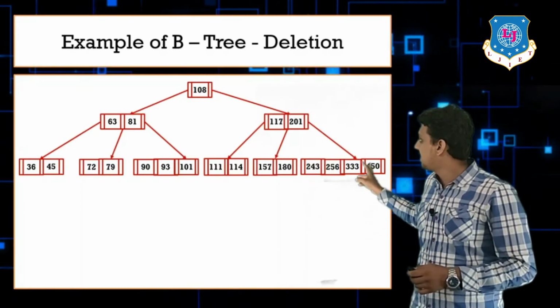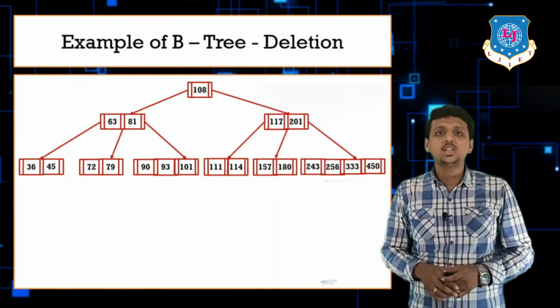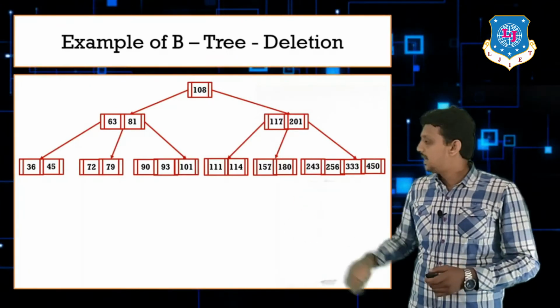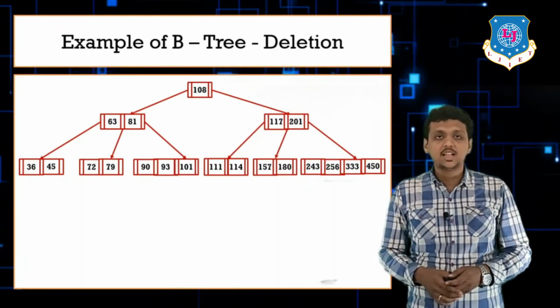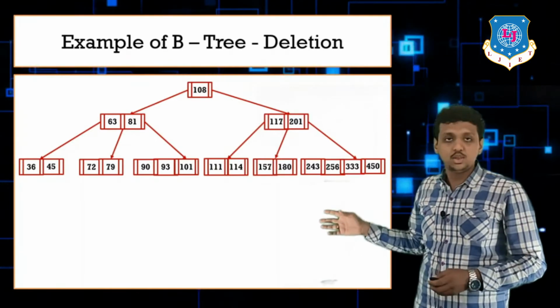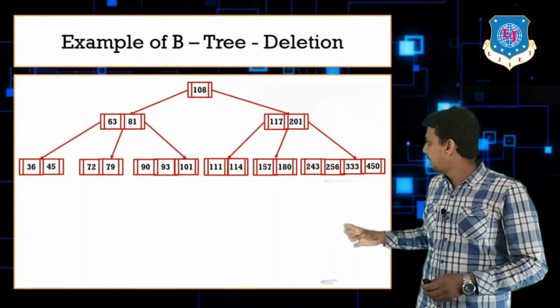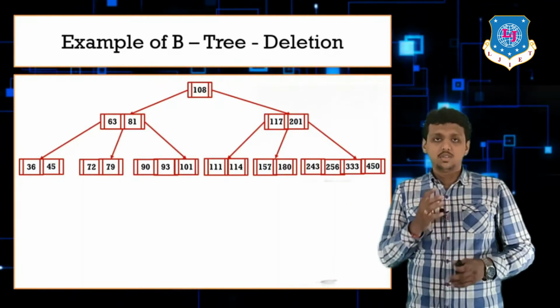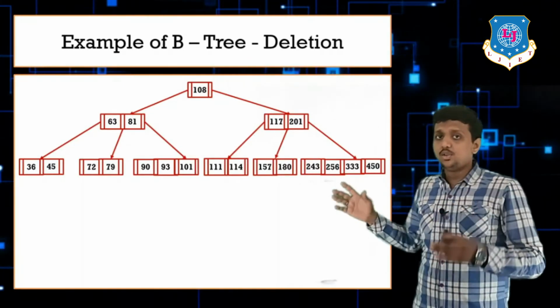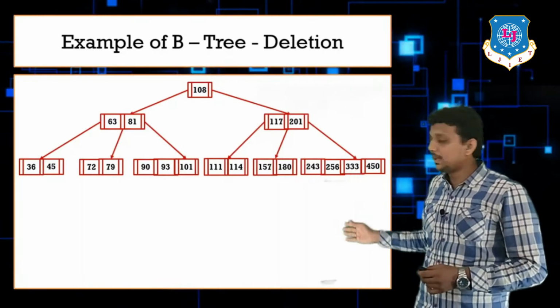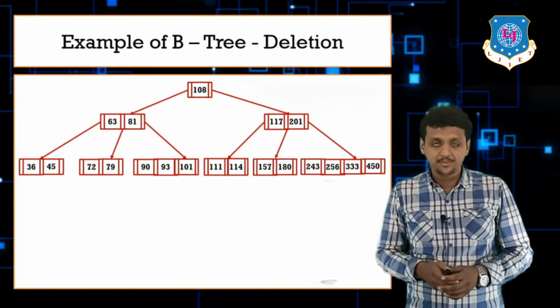On the right side we have 117 and 201. The other elements at the leaf nodes are 36, 45, 72, 79, 90, 93, 101, then 111, 114, then 157, 180, 243, 256, 333 and 450.